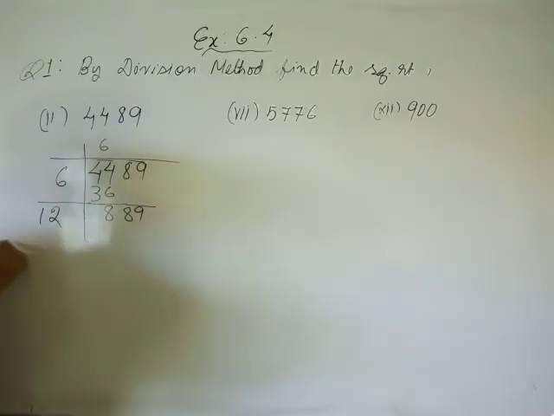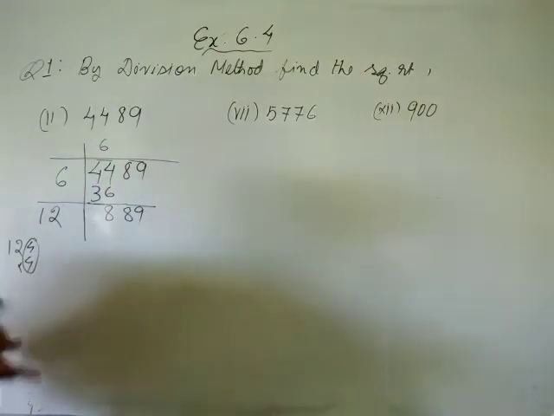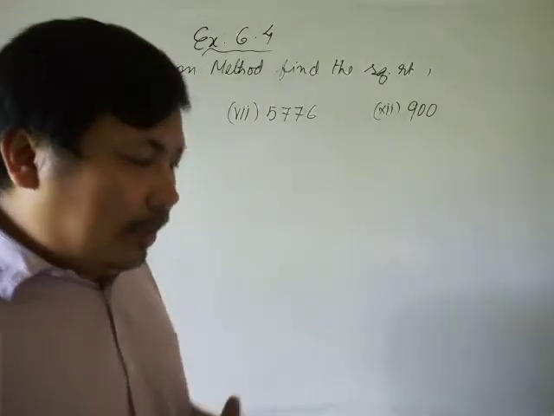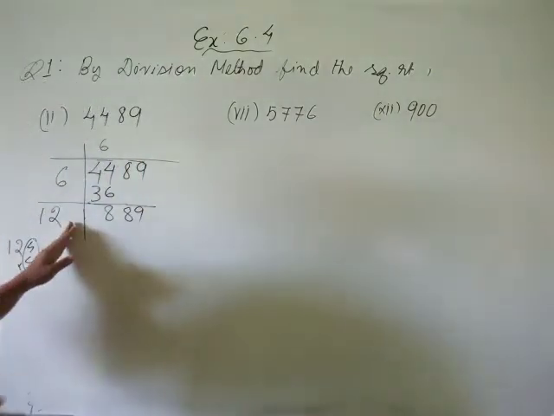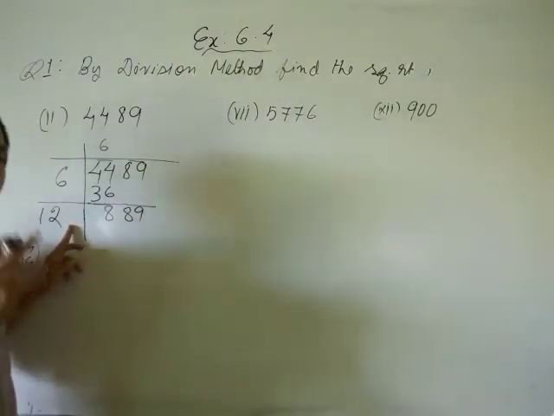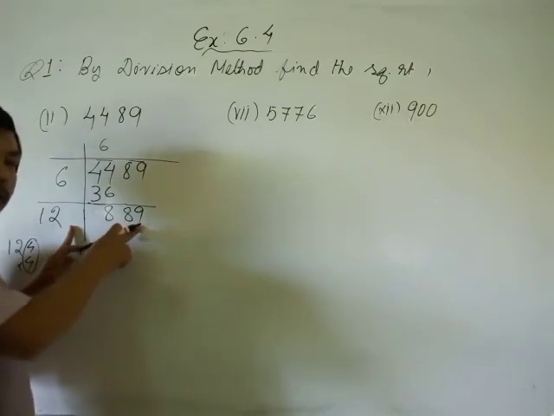For example, to this 12 we take another number, let's say 4, and then 4 has to be multiplied here. Whatever number we take, we take the square of that digit, and that square will be near this digit 9.